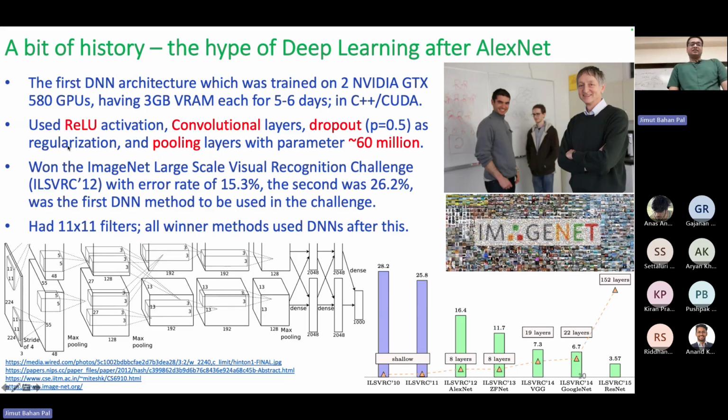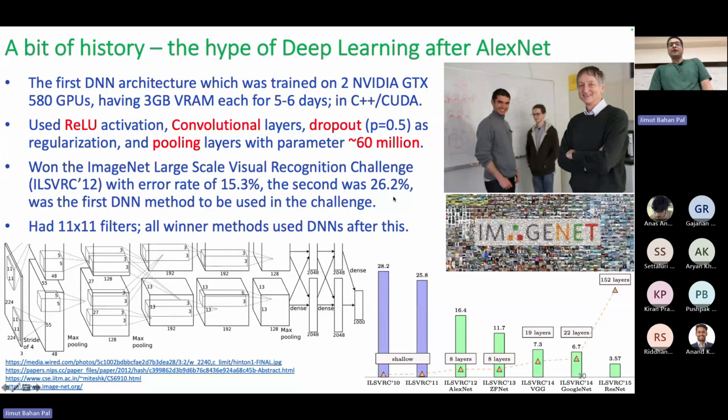This is the architecture which used ReLU, convolutional layers, dropout, pooling, etc., and it had around 60 million parameters. They won the ILSVRC 2012 challenge with an error rate of 15.3%, and the second one was around 26.2%.